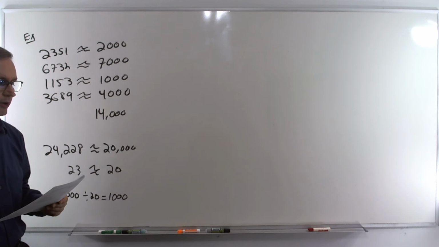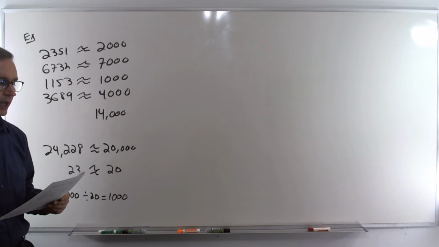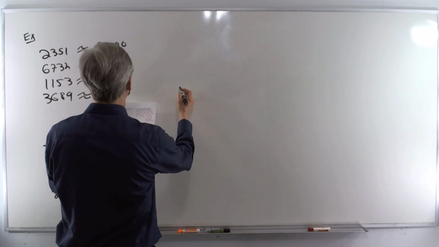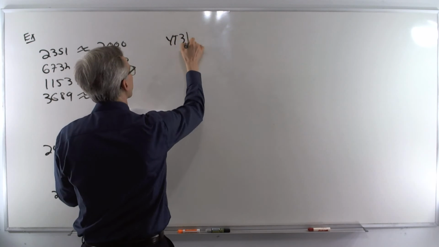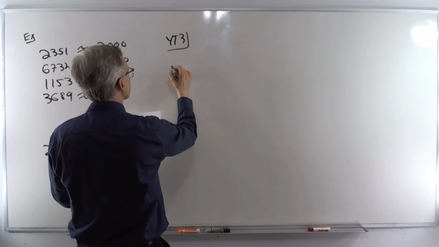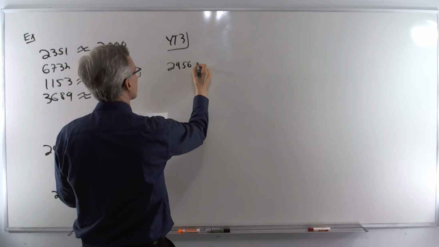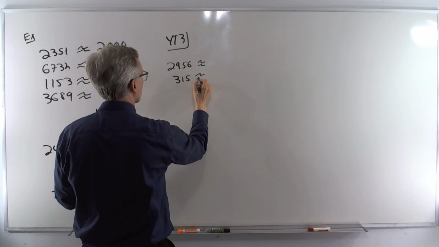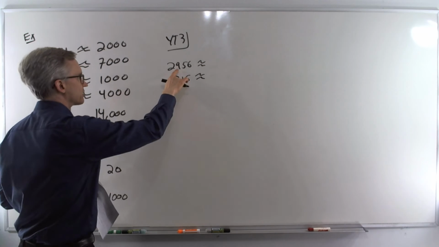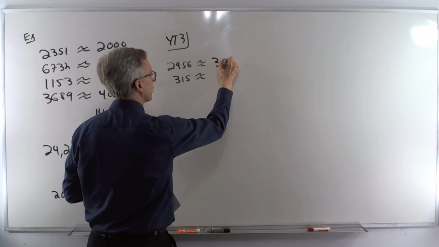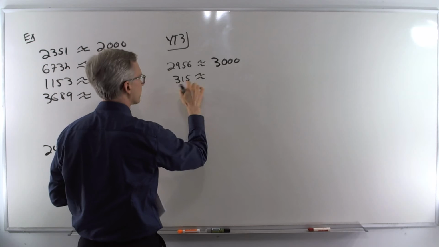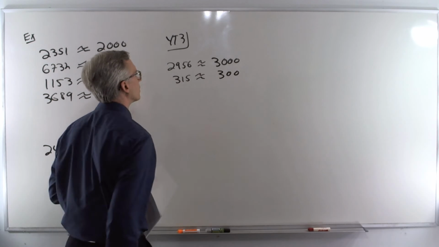All right, your turn number 3. Estimate the product of 2956 and 315, and then we'll compare with the actual value of 931,140. All right, 9 is 5 or greater, so this will round to 3,000, and 315, 1 is less than 5, so that stays at 3, and we got 300.